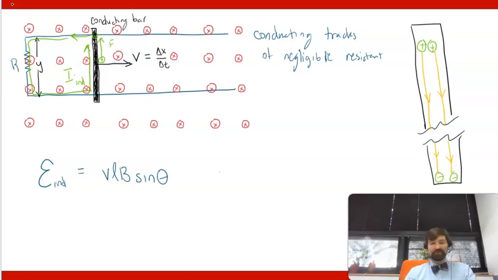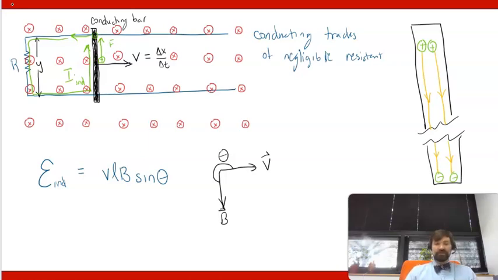If we were to rotate everything a little bit, we could draw velocity here and magnetic field here, and so your angle theta is between these two vectors.